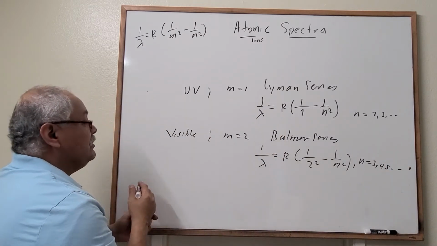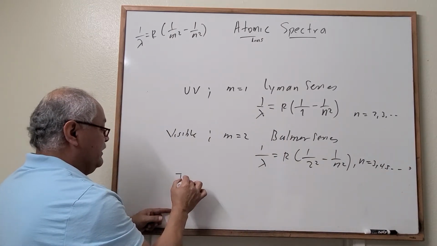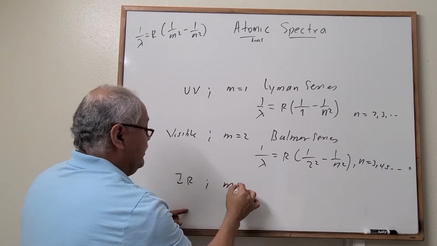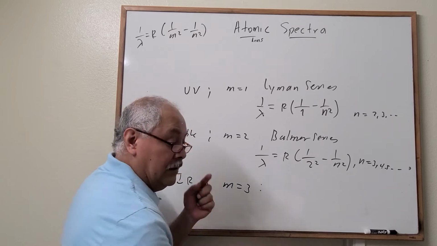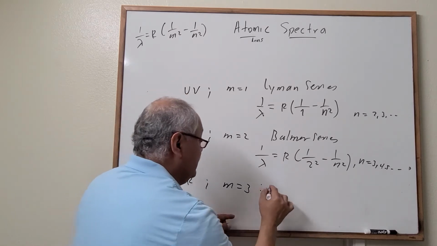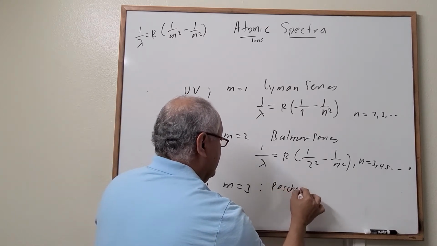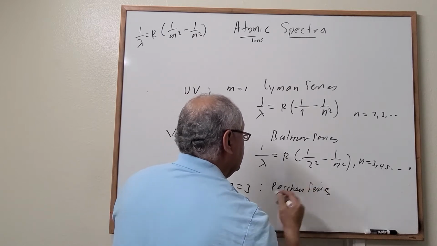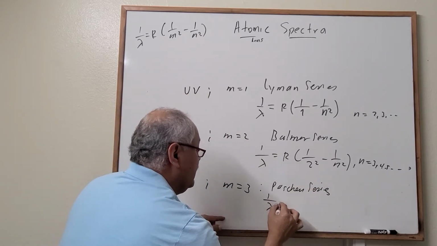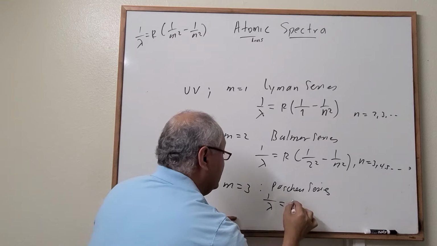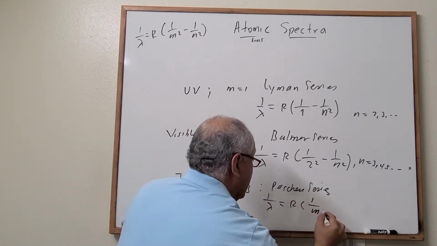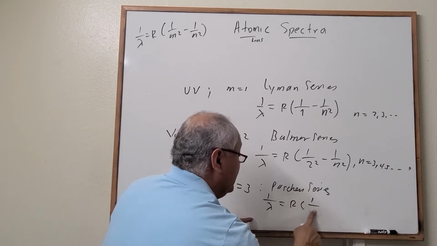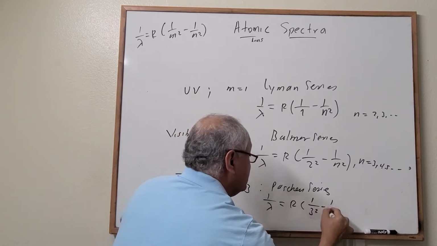And finally, let's go to the infrared. M is equal to 3, and this is the Paschen series, correct? The same formula, we're changing only the value for m. 1 over 3 squared minus 1 over n squared.